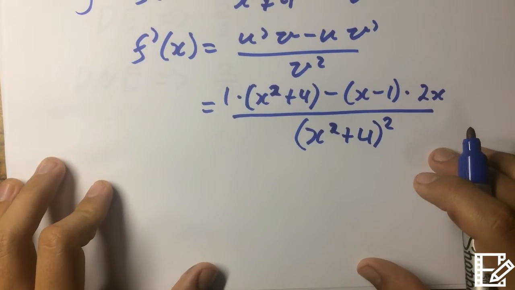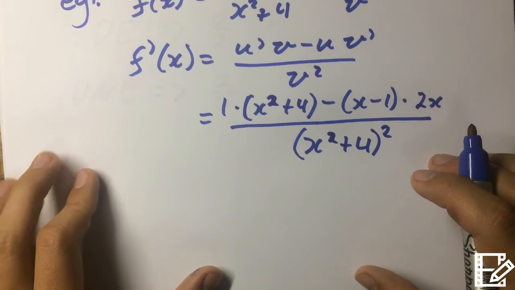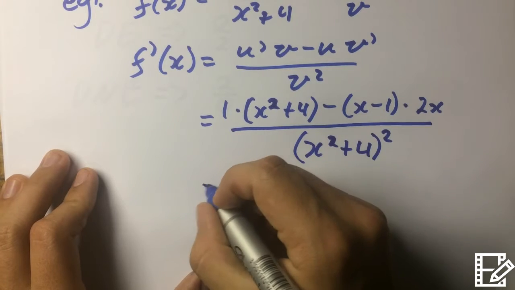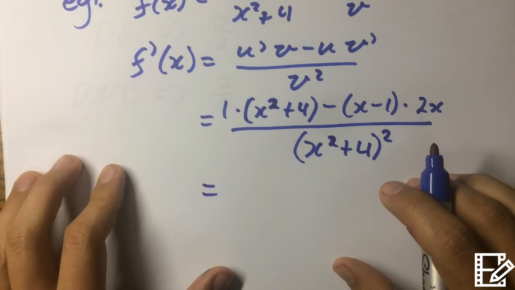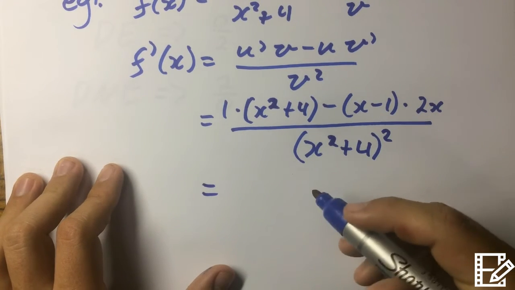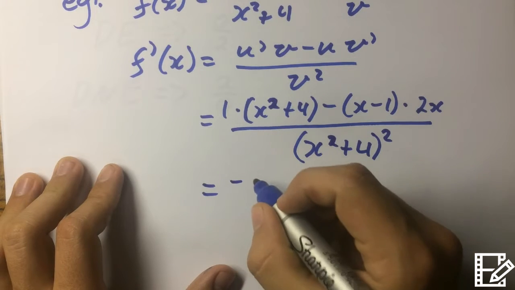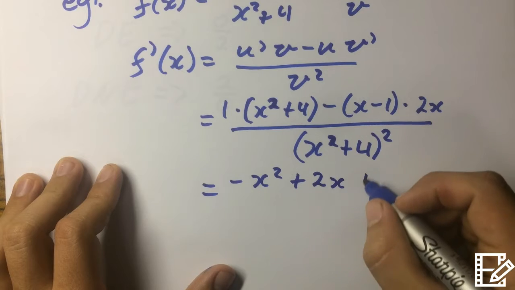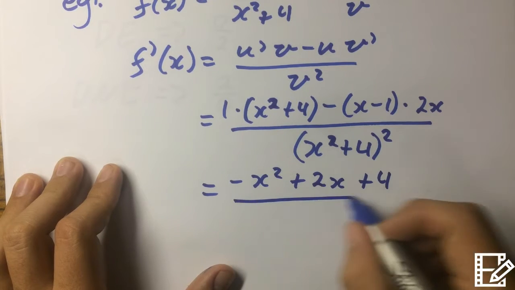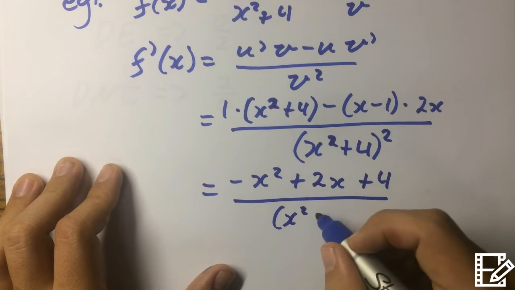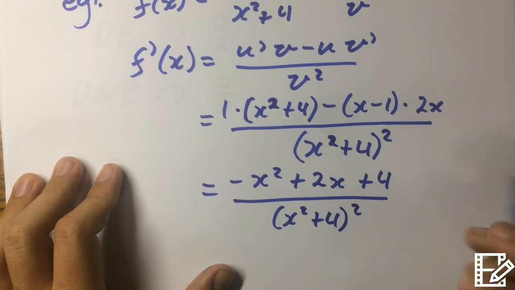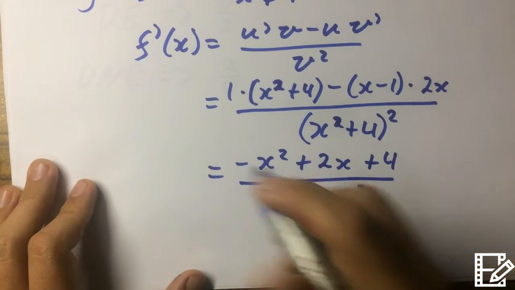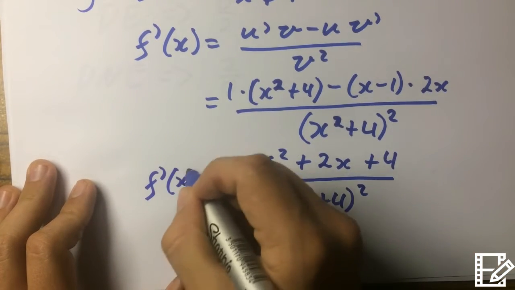Okay, so I've already done the expanding out and taking away, and basically you're left with negative x squared plus 2x plus 4 on the top, and the bottom we want to stay the same. And that is the derivative.